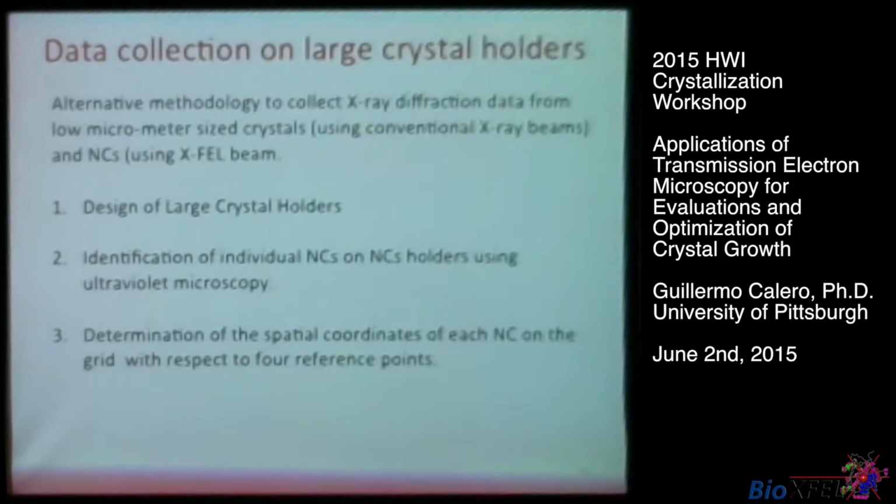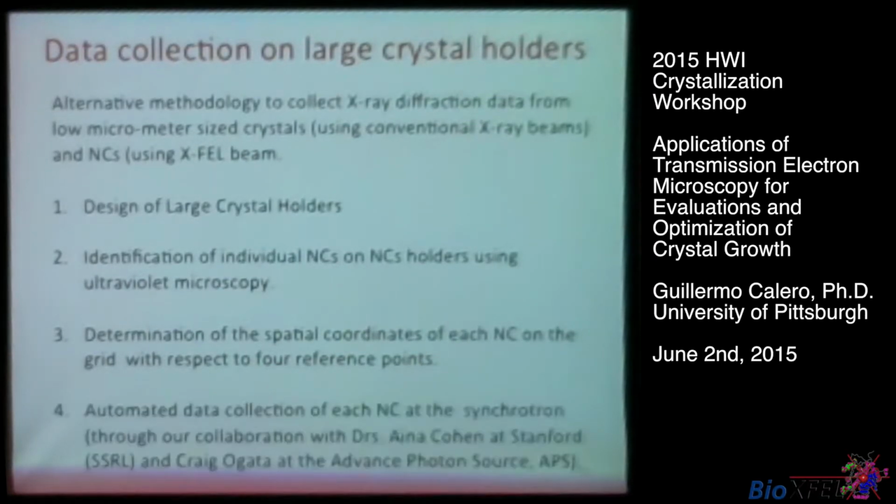And the third was, can we determine the spatial coordinates of the nanocrystals on the grid with respect to some reference points? And you can probably guess the answer is all of this. We started doing this in collaboration mainly with Aina Cohen, and now we're starting a collaboration with Pegorata and APS to do this.